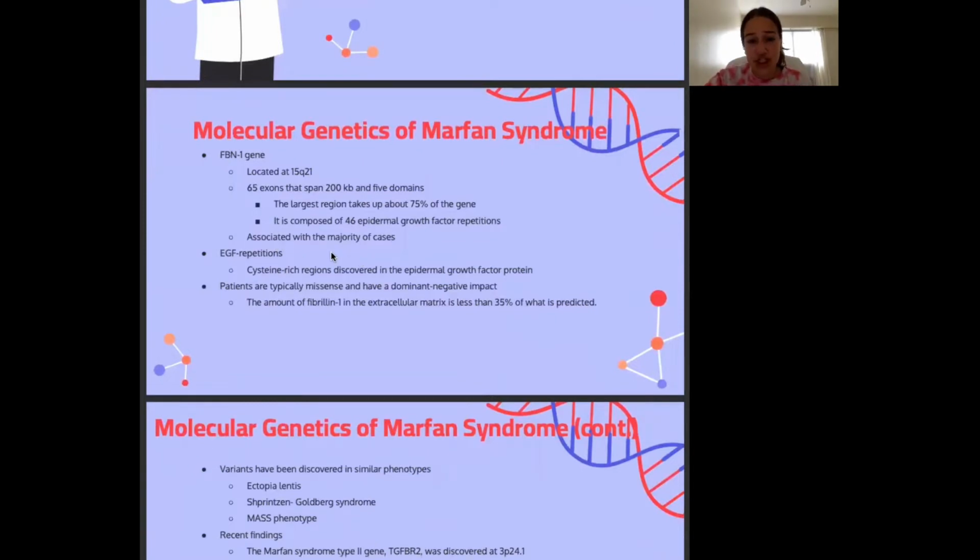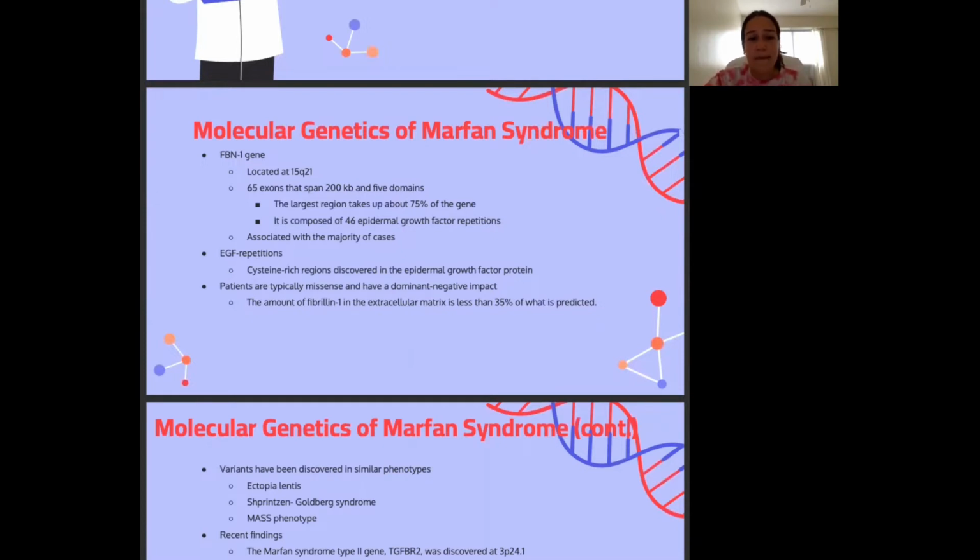EGF repetitions are cysteine-rich regions discovered in the epidermal growth factor protein, and typically patients have missense mutations. A missense mutation basically happens when just one base pair is changed.